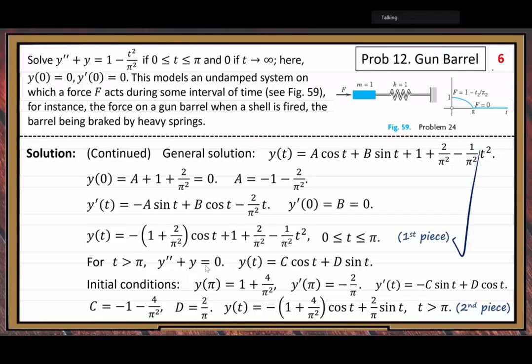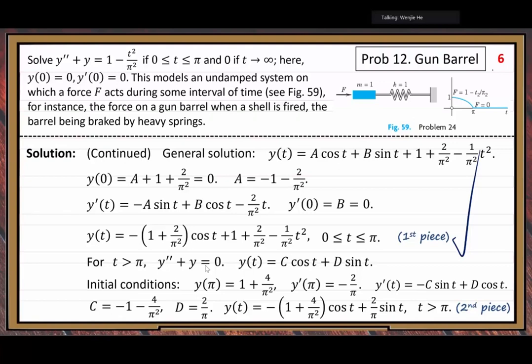The initial condition is y of pi, because the second piece starts from the point pi.